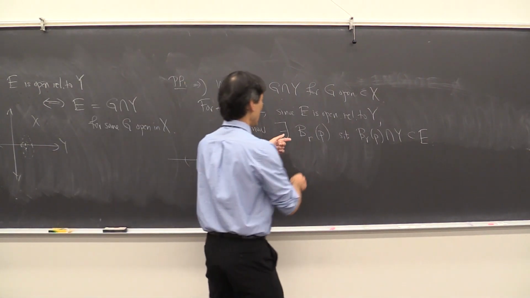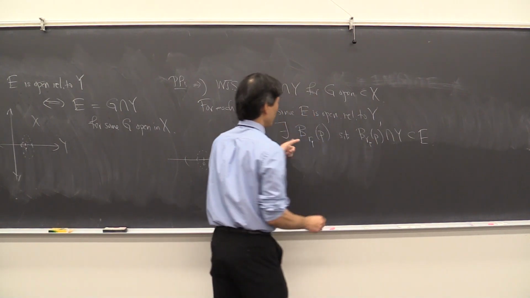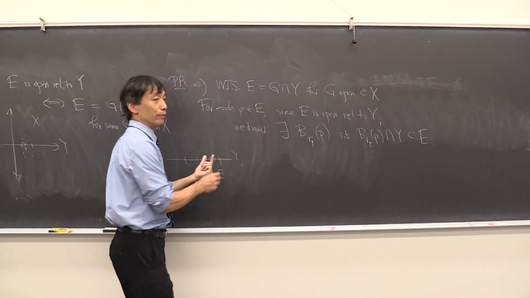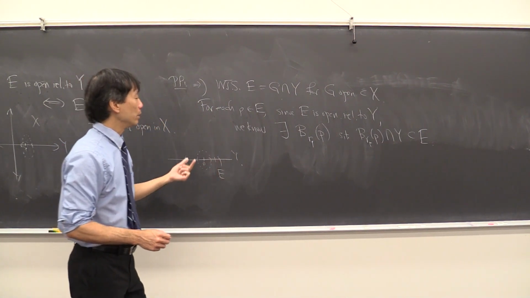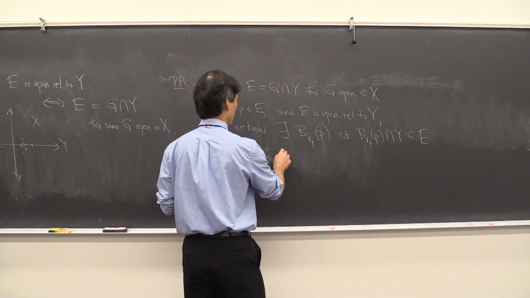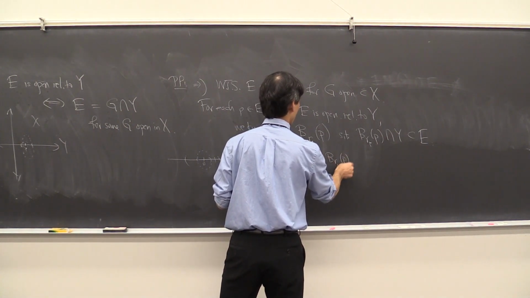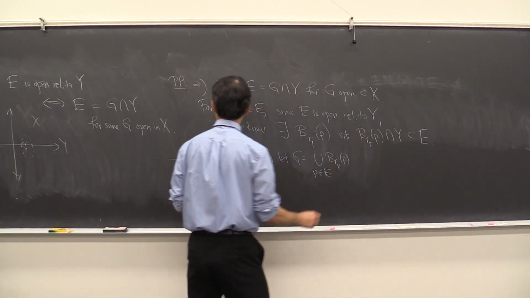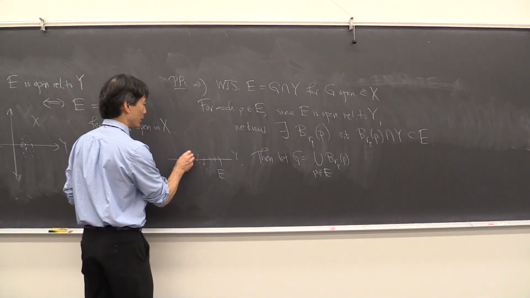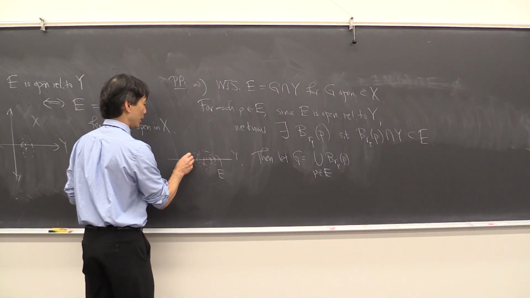Let me call these things R sub P, because the radius does depend on the point. When you choose a different point, you get a different radius. So then, let G be the union of all these B sub r P over every P in E. Every point has a ball around it.